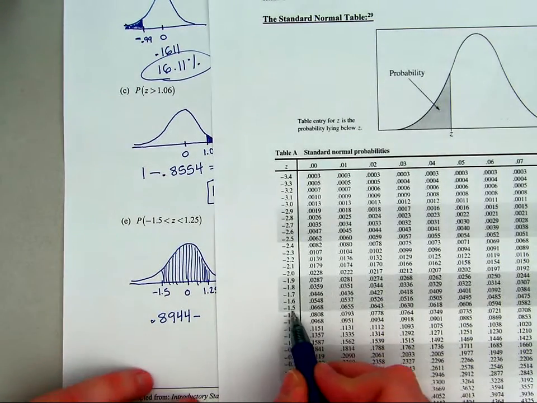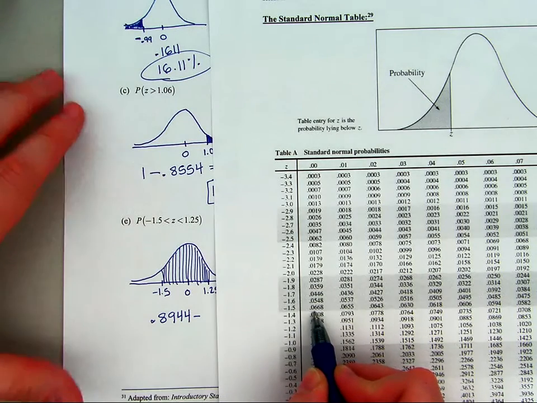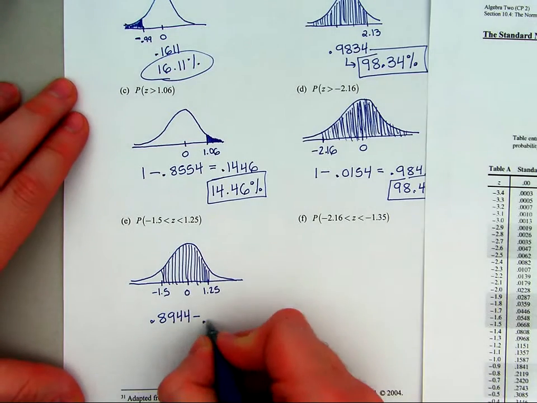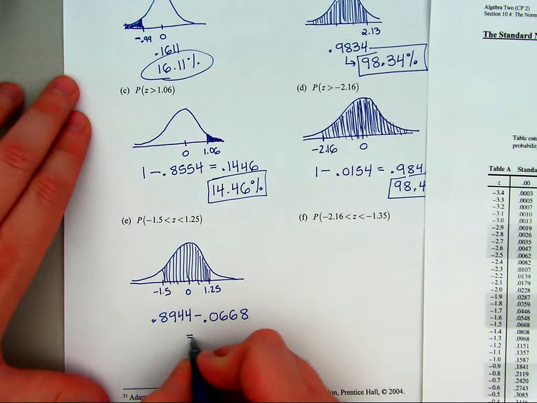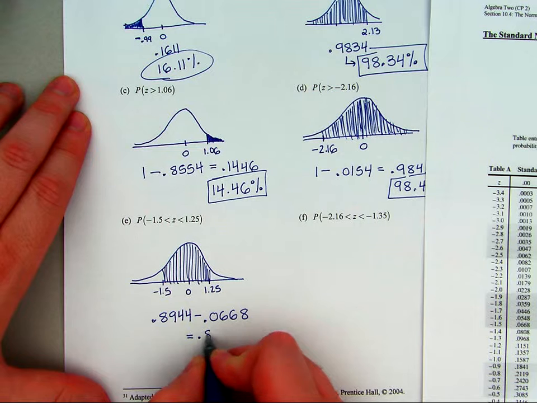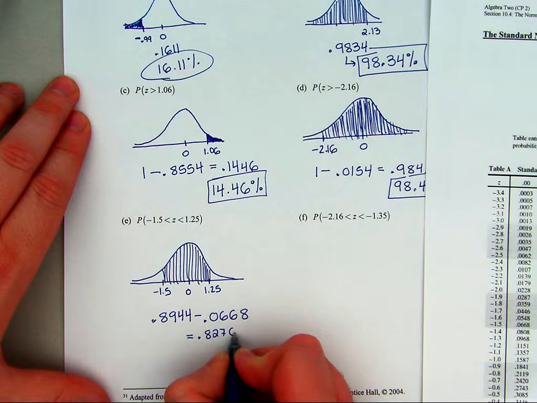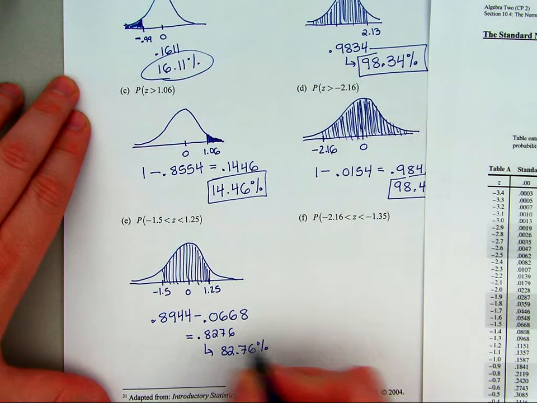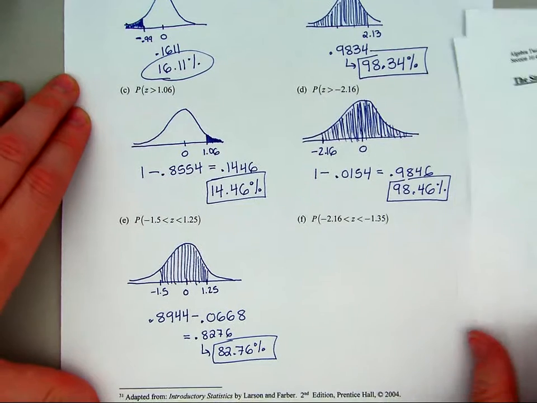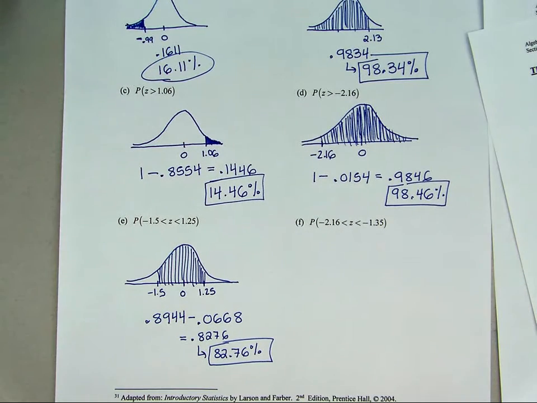Negative 1.50, so 0.0668. Subtract them, and you're going to get 0.8276, or as a percent, 82.76%. You try letter F.